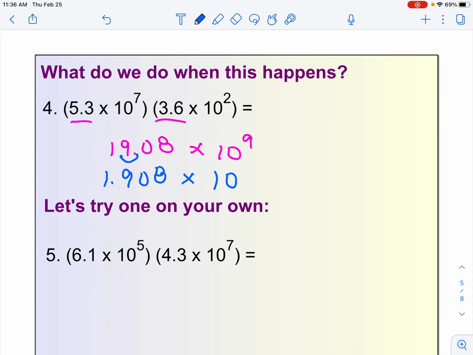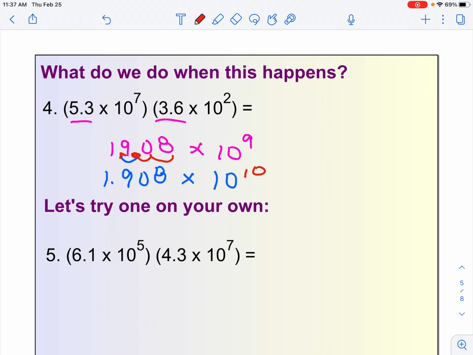And that's going to change our exponent power. And sometimes it gets tricky trying to figure out, do I add one to the 9 or subtract? Well, if this number was written out, you would have to move this decimal point over. If I go back to this original problem, if I was to write the number out, I'd be going this direction 9 places. Because I moved over one more place, I'm going to have to add one more to get 10 to the 10th.